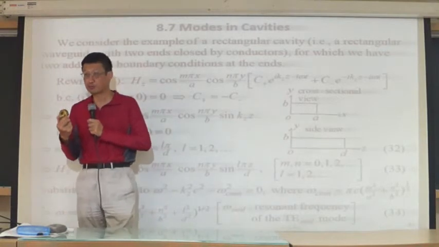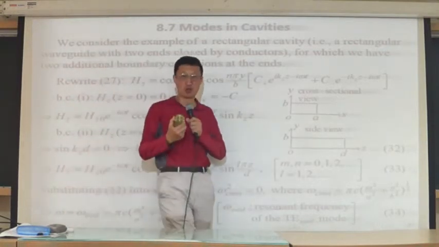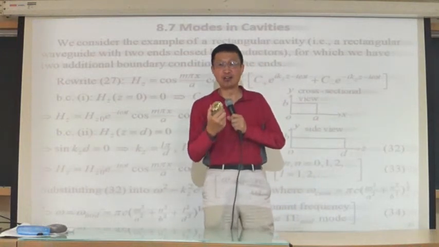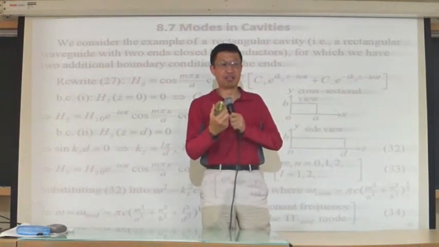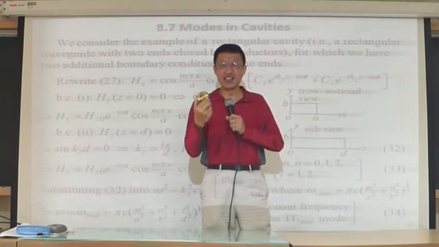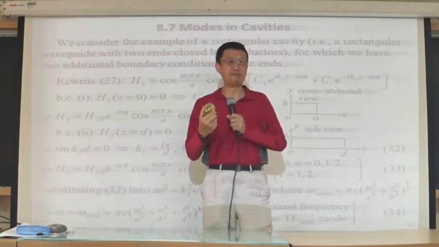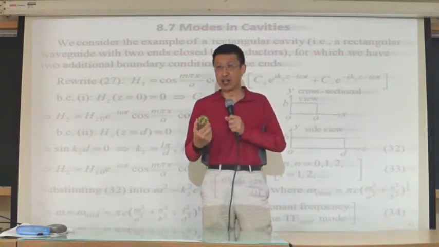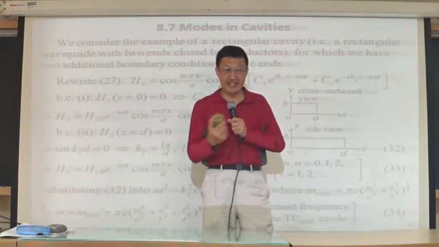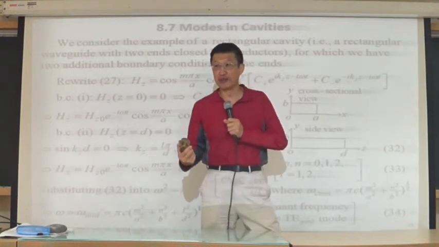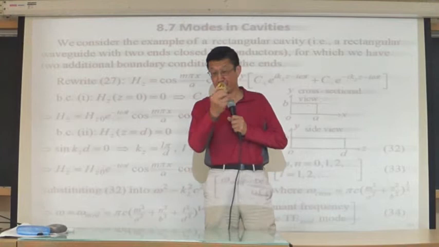Let me tell you the truth: no one has tried to derive the EM field distribution, the field pattern inside the cavity, because it's impossible. You cannot use separation of variables to separate everything and find the E field and the B field. It's impossible for this structure.